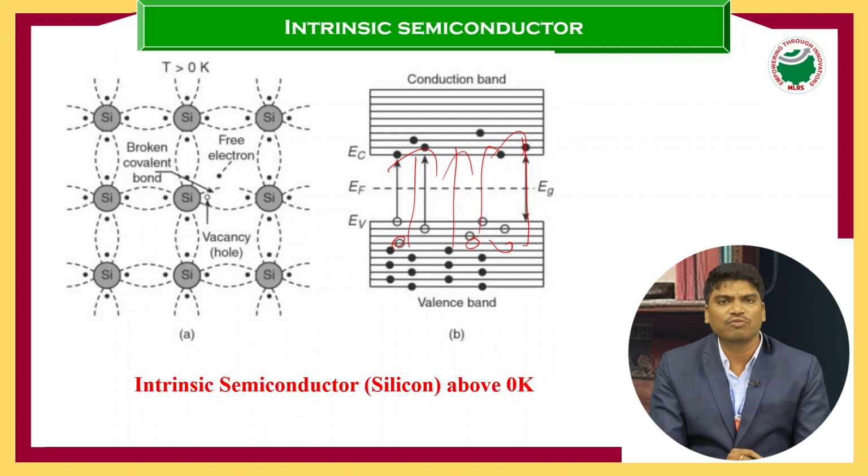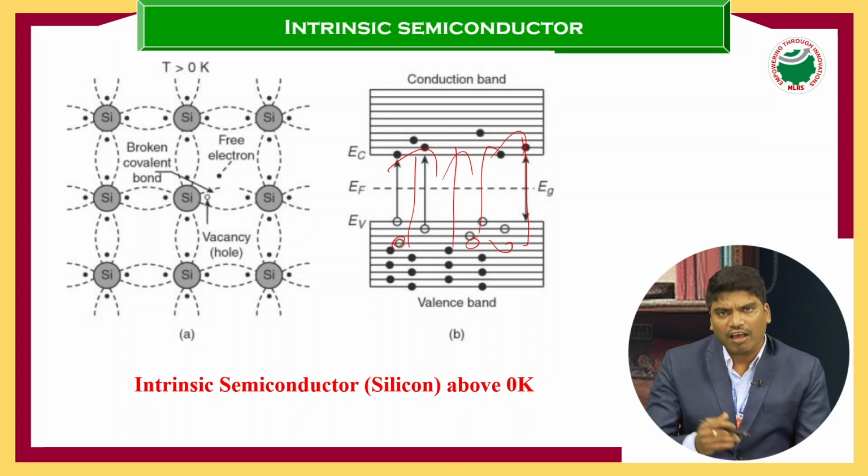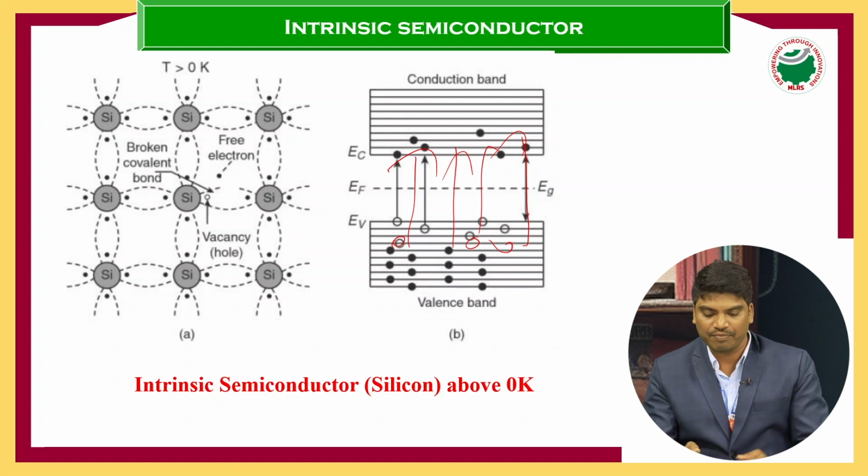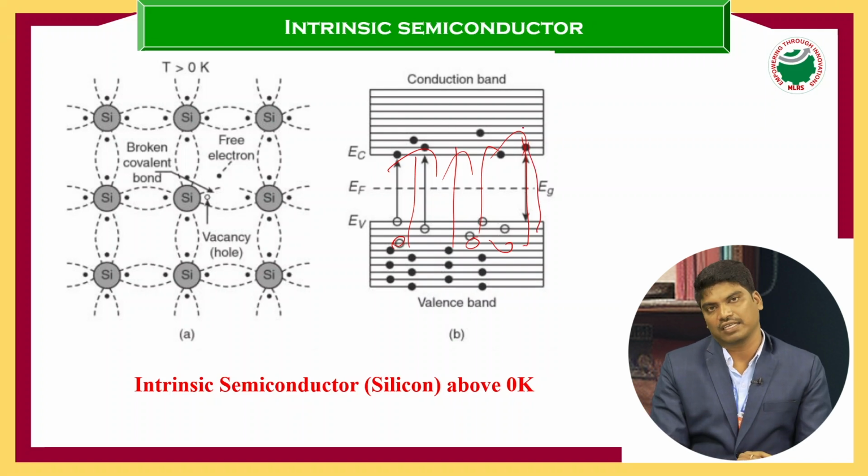They don't have much attraction force with the nucleus, so when we give a little energy, they are ready to move. A number of covalent bonds will break, and those electrons jump from the valence band to the conduction band.